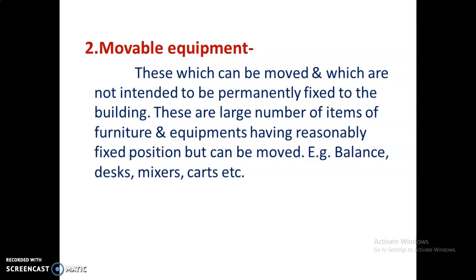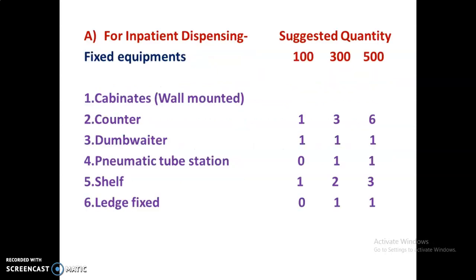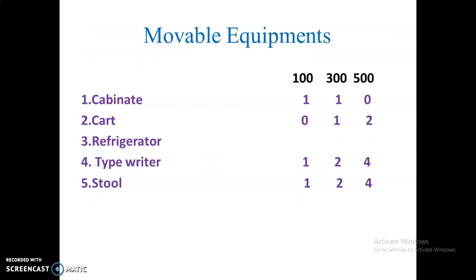These are a large number of items of furniture and equipment having a reasonably fixed position but which can be moved. Examples are balances, desks, mixers, carts, etc. So here is the list of fixed equipments according to bed size. Here is the list of movable equipments, their quantities according to bed size.